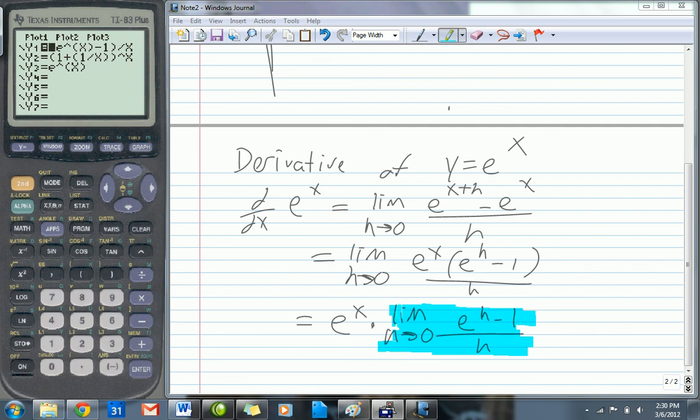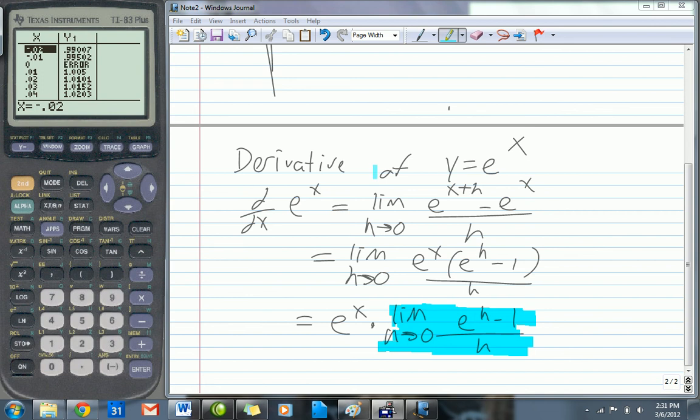I want to evaluate the limit as x, or h, is approaching 0. Remember, in this case, my x's are my h's. I'm going to do that by table, put the table at 0 with a small change, and just look. Proof by calculator. Note that the left and right-hand limits, as x goes to 0, seem to agree and appear to be 1, and it is.